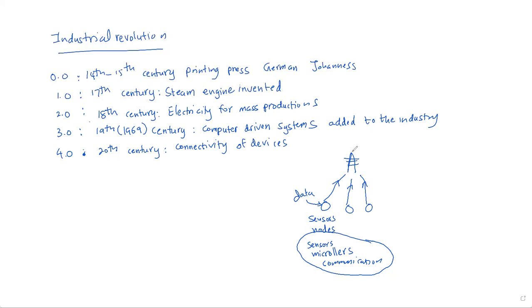So after collecting the data at a certain access point, it will have some connection to the internet. It will be connected to a certain router, right? This router will be connected to the other routers, right?